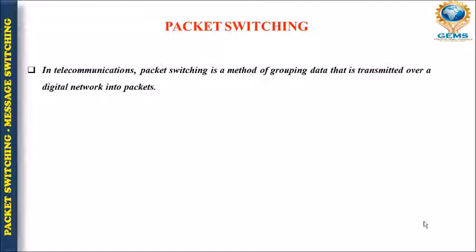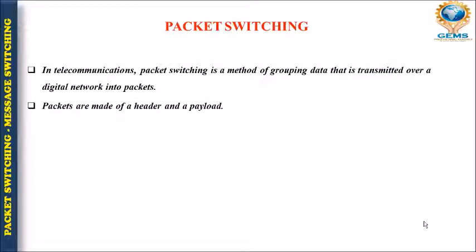So how does it happen? First of all, information is known as a message. The message is divided into blocks. These blocks are known as segments, and further these segments are divided into packets, and the packets are transmitted from one place to another.